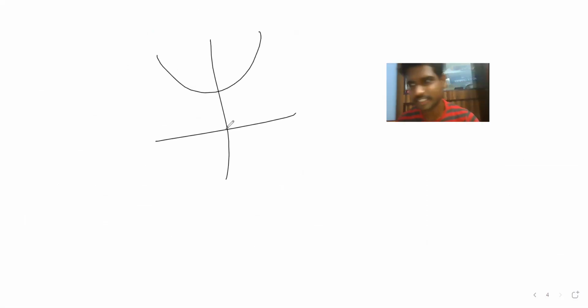It is not intersecting the x-axis, right? So the zero doesn't exist because at no point of x is y zero. It is a polynomial, but there are no zeros.